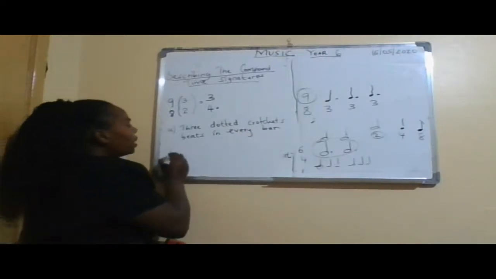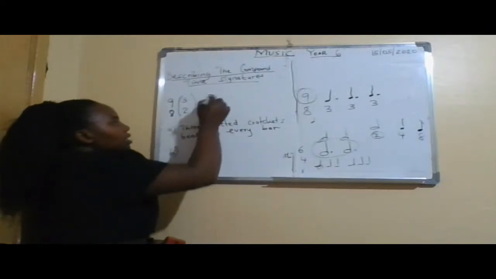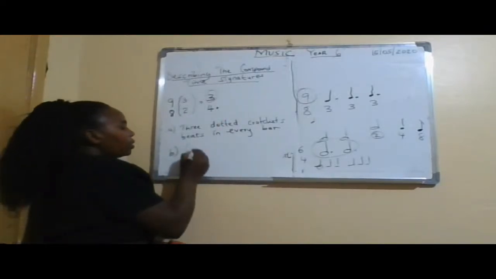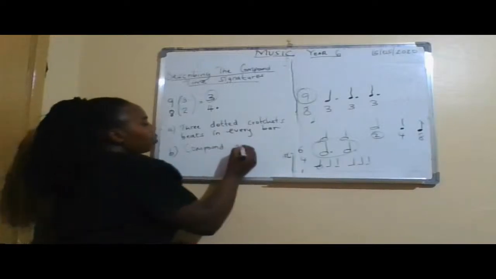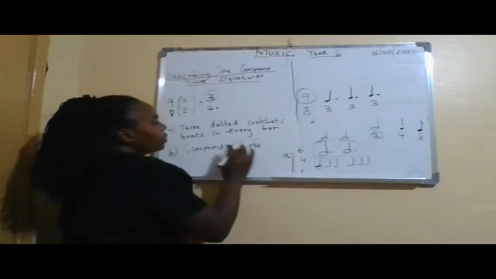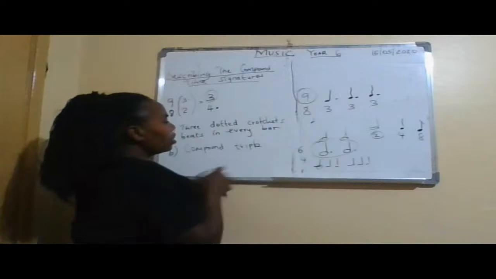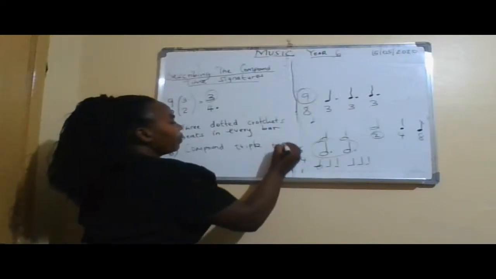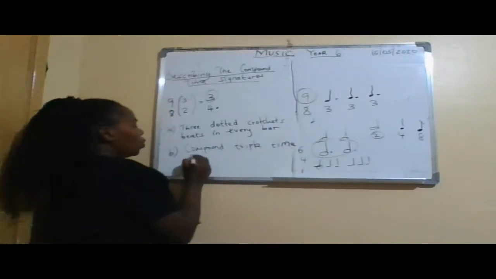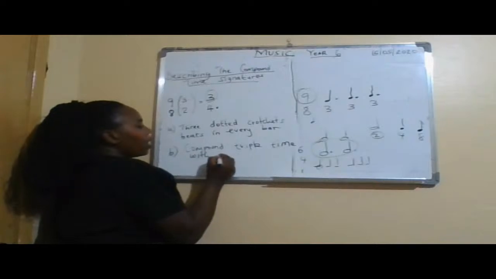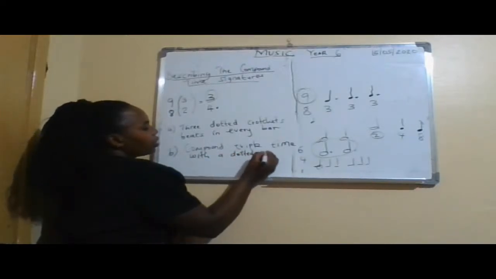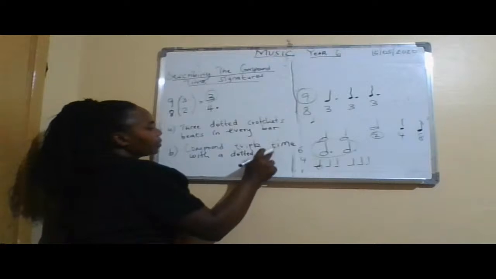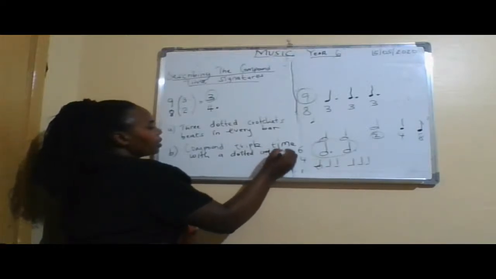And the other way will be compound triple time with a dotted crochet beat.